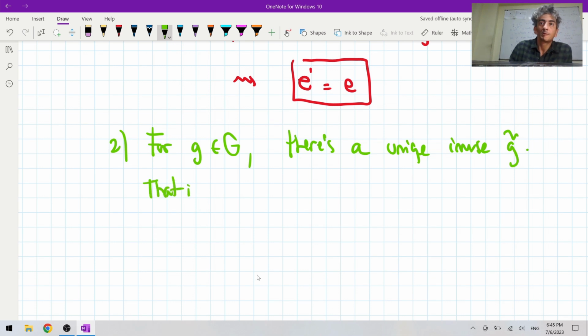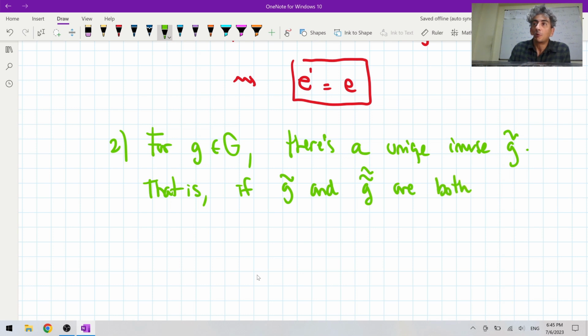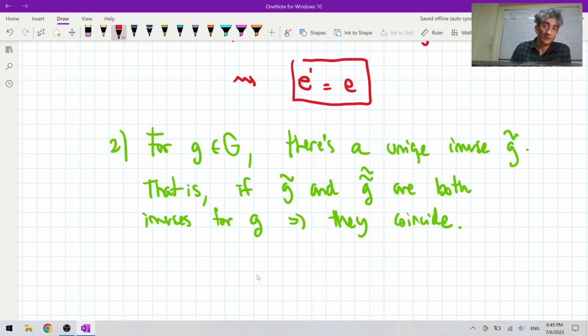That is, if G tilde and G tilde tilde are both inverses for G, then they coincide.